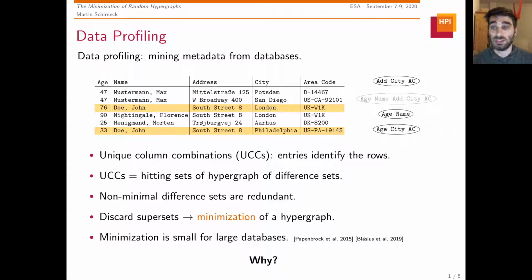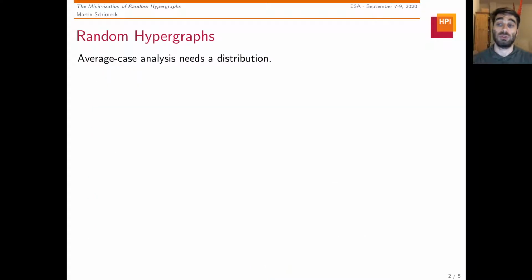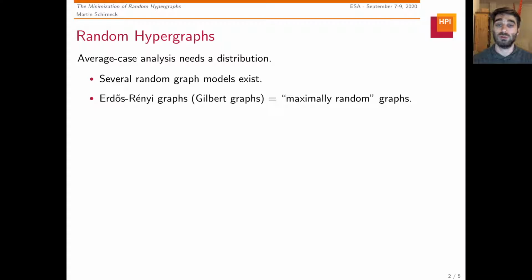For an average case analysis, we need a distribution. For mere graphs, a lot of random models are known. Most prominently, the Erdős–Rényi graphs or closely related Gilbert graphs. These are maximally random in the sense that you only specify the number of edges and the number of vertices and then draw one graph at random meeting these constraints.